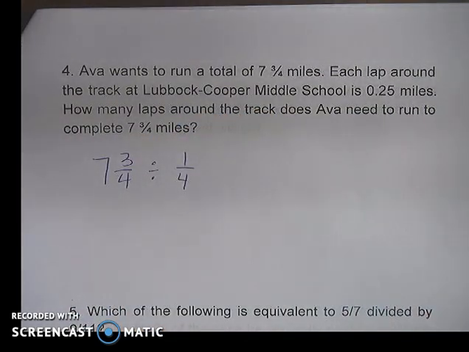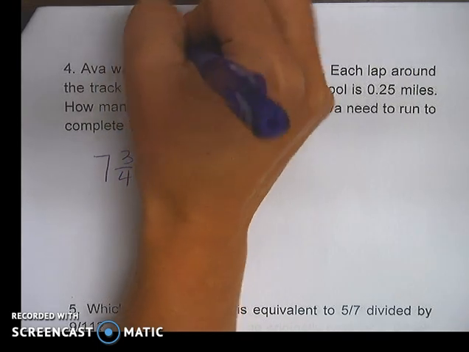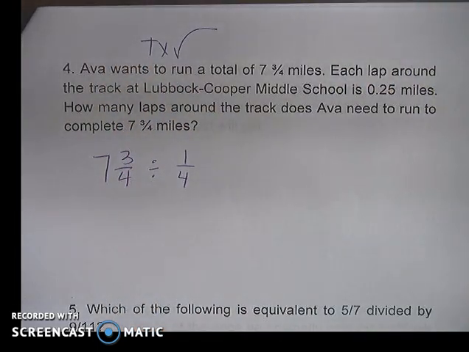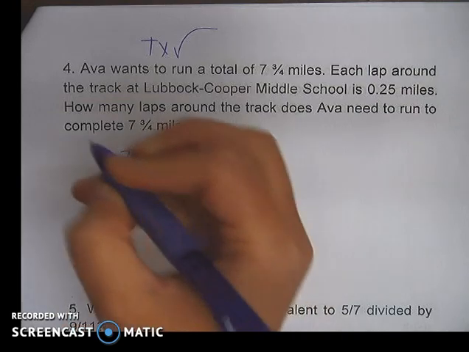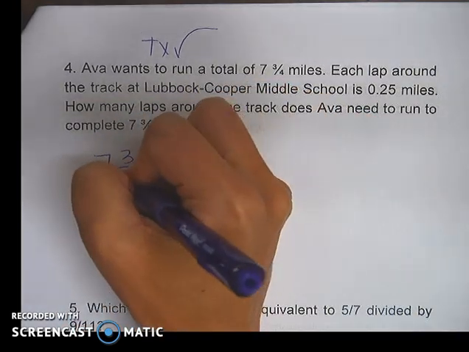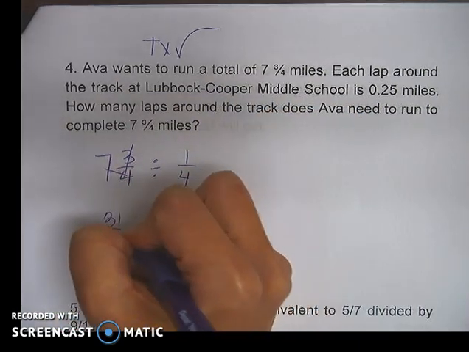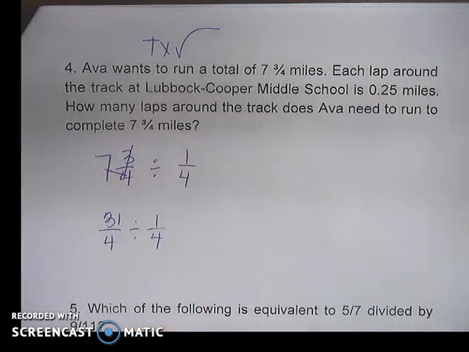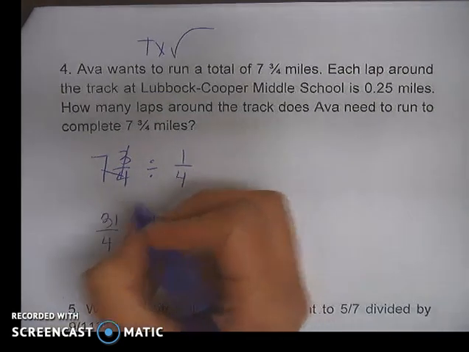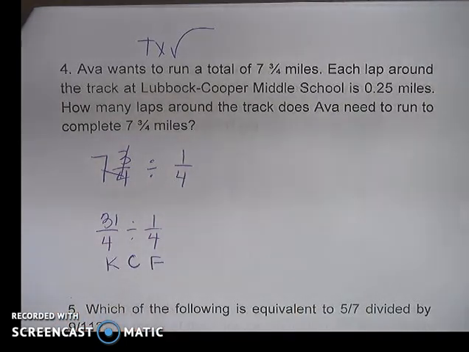First thing you have to do whenever you are multiplying or dividing fractions is do Texas check. Okay? So the 4 is going to stay the same. 7 times 4 is 28 plus 3, 31, divided by 1/4. When you are dividing fractions, what do you have to do? You have to keep it, change it, flip it.